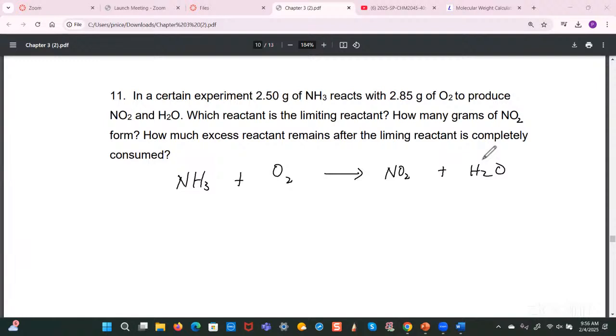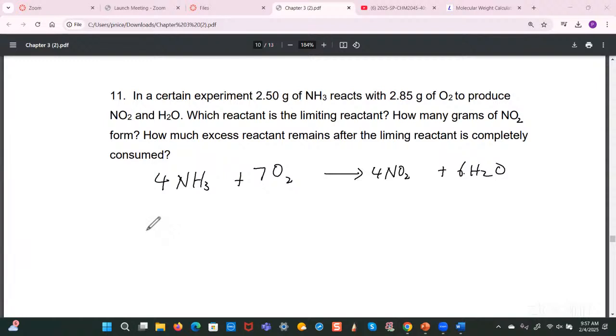So how would you go about balancing this equation? 4, 7, 4, 6 is indeed correct. Okay. So now that we have the balanced equation, what will be the next step?